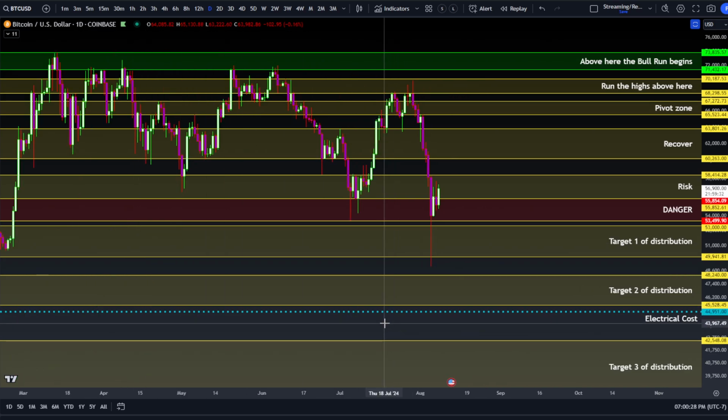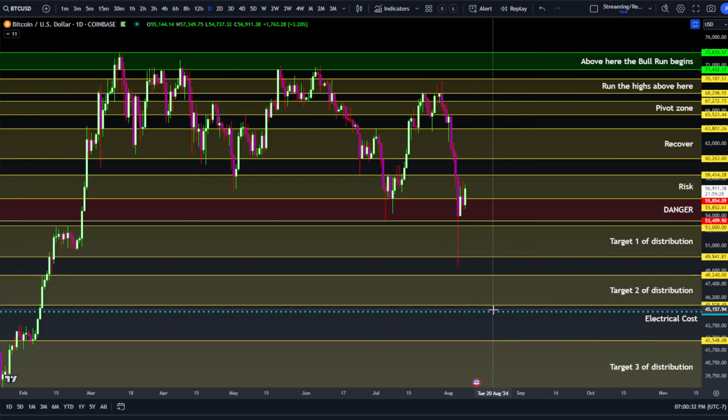But for conditional closes, I'm looking at anything below electrical cost would probably be an extremely fast, extremely severe move. Just like what we saw on Monday, where we have a wick that's essentially a $5,000 or $6,000 wick, right? So what I would be looking for is a landing spot for a wick under there.